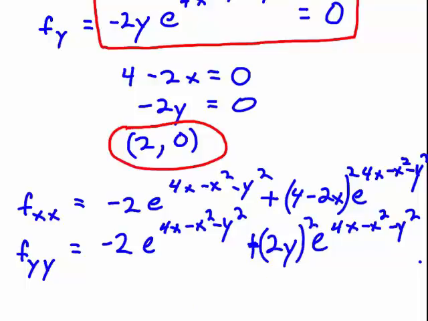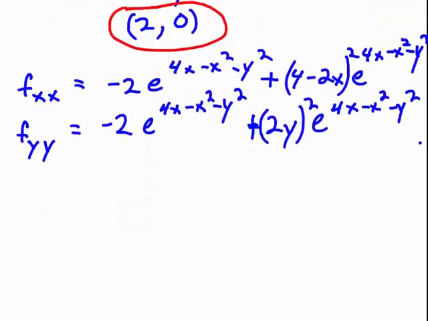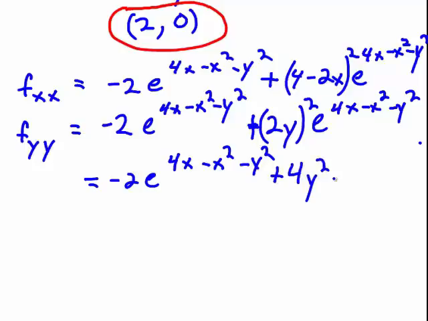Okay. So that gives me negative 2e to the 4x minus x squared minus y squared plus 4y squared times that exponential function.